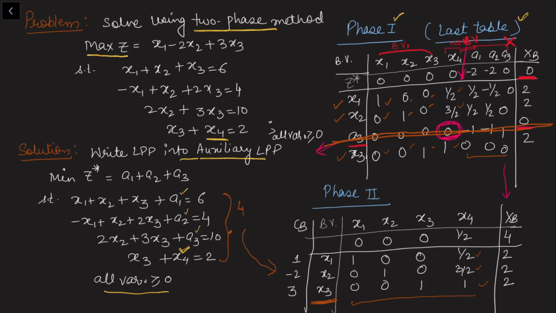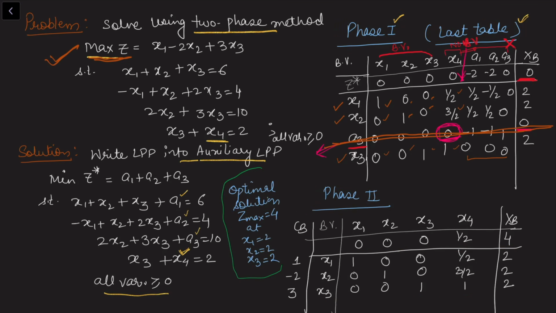I have written the new CB vector as per the original objective function, and I have written zj minus cj, and I find that this is non-negative, as required for the maximization objective. So z equal to 4 is the optimal value, and we got this as the optimal solution.